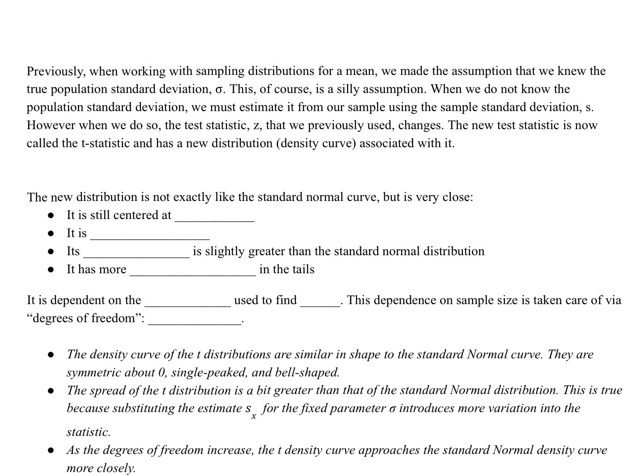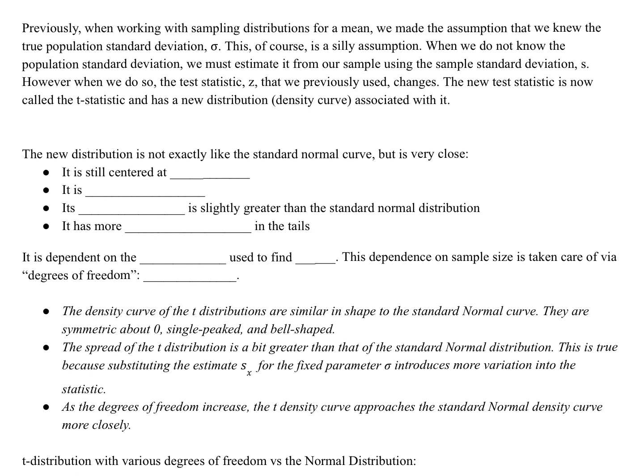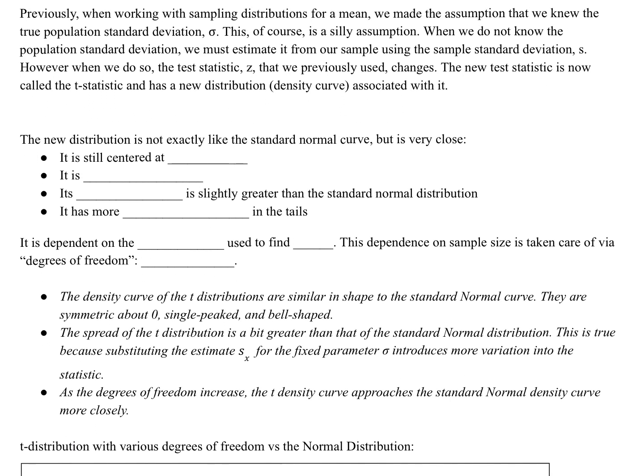So instead of it being a test statistic with Z, we now have a new test statistic, called a T statistic, and it has its own distribution associated with it. It's not exactly like the standard normal curve, but it's very, very close.